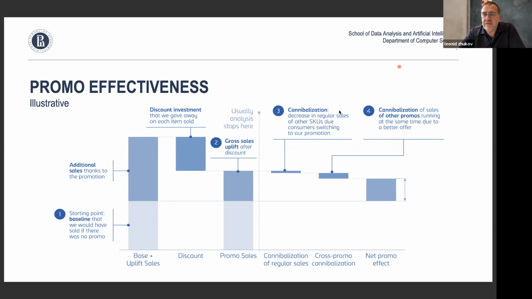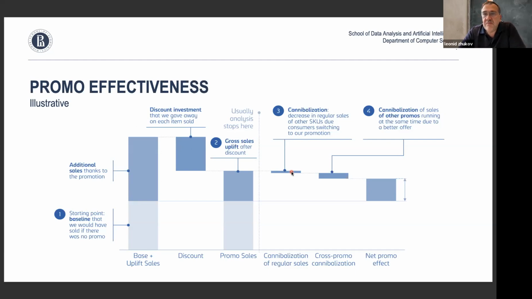Or, for example, you typically buy one brand, and then there is another brand on sale. You buy the one that's on sale, and you cannibalize sales of the other brand.